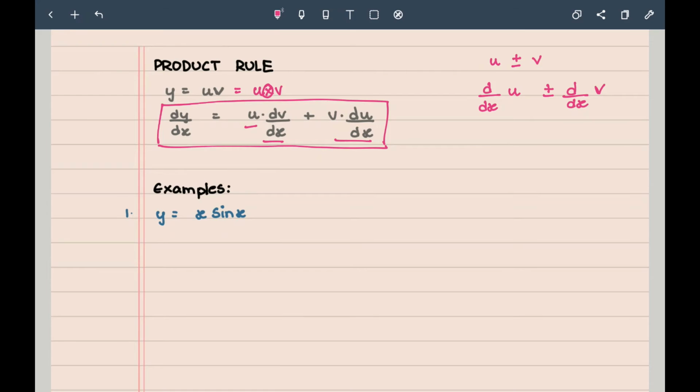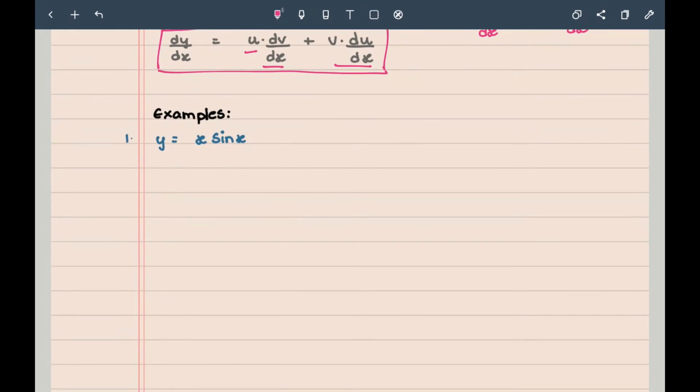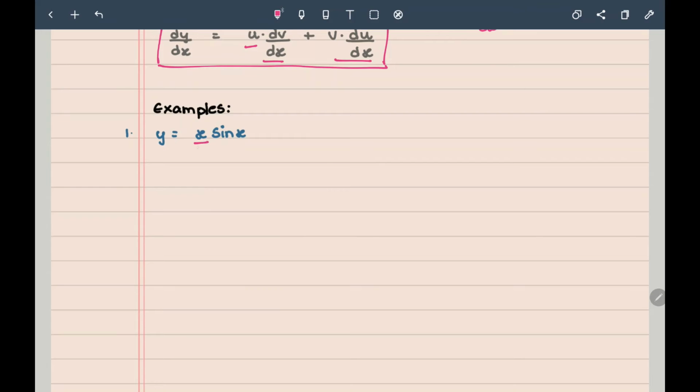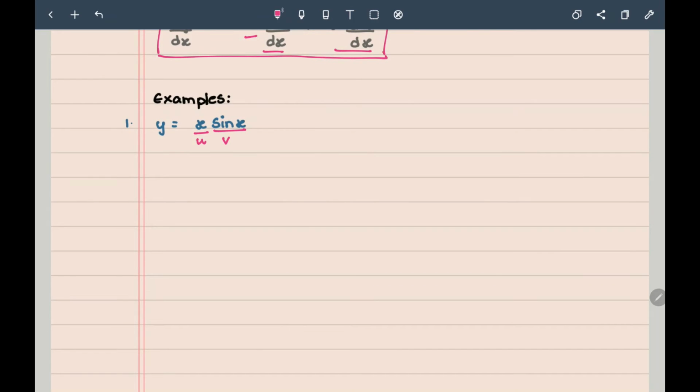So let's understand this with the help of an example. Here we are having the function y, which is x into sine x. Here we take x as u and we take v as sine x. So as we have the formula, dy by dx is equals to u into dv by dx plus v into du by dx.